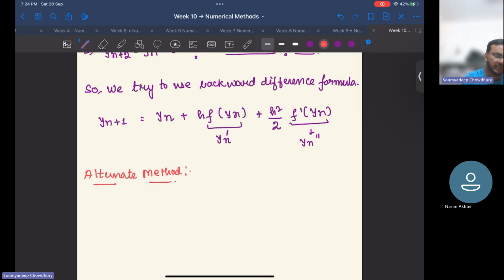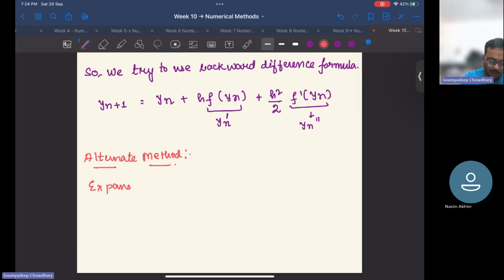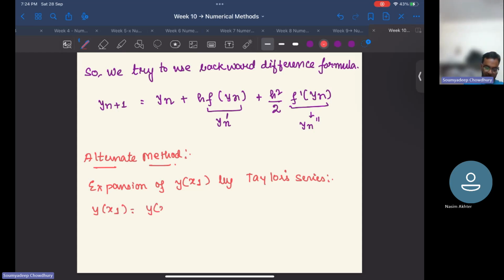So what alternate thing can we use? We can expand our yn plus 1, or let us take a particular point x1 just for the time being, using Taylor series. It is the same thing as the difference formula, but a different way of representing it. So we can write y of x1 as x0 plus h, right?